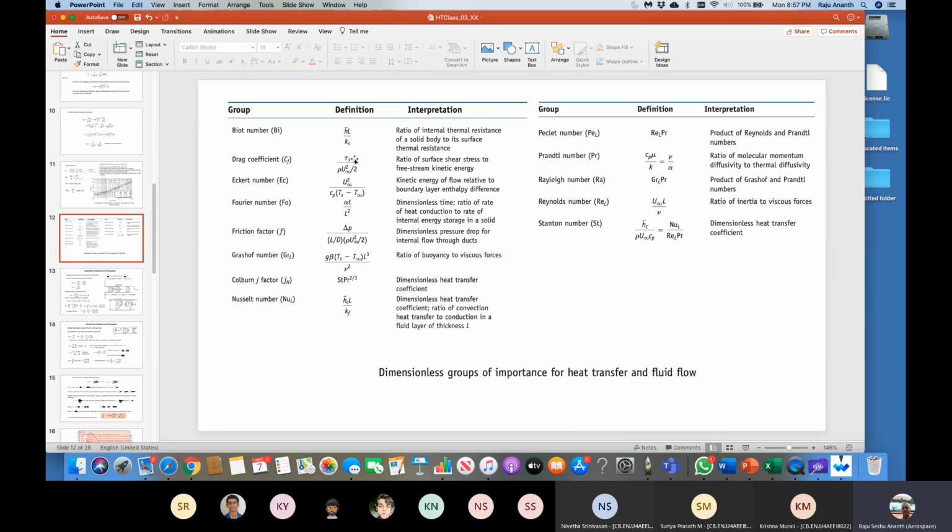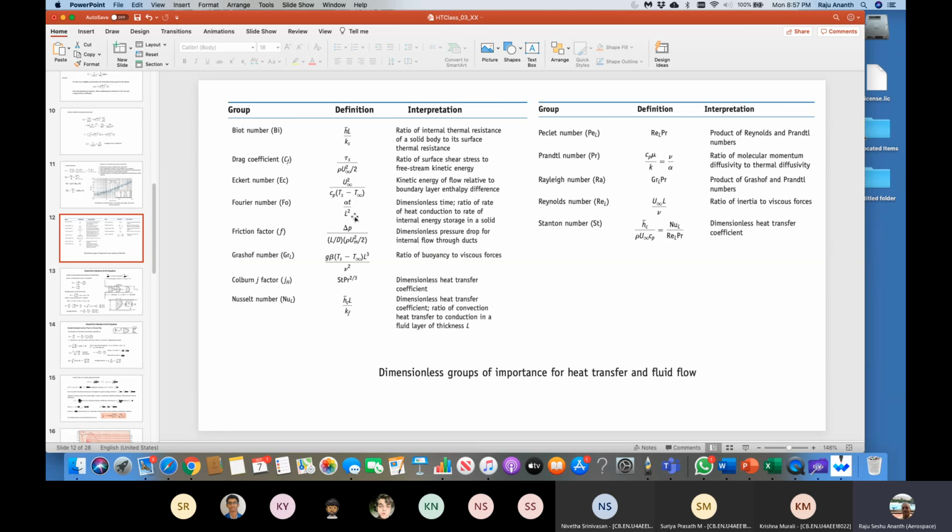The drag coefficient is defined as the shear stress on the wall divided by rho u square over 2. And there's an Eckert number. We won't go into that yet. The Fourier number is the thermal diffusivity multiplied by the time divided by L square.